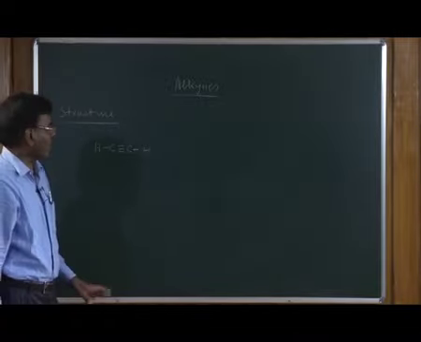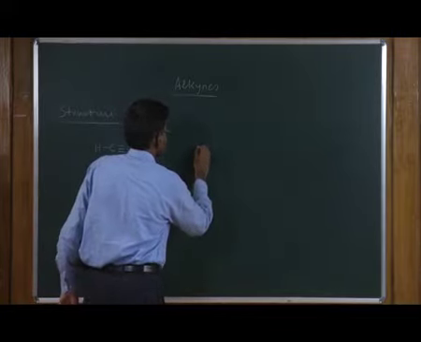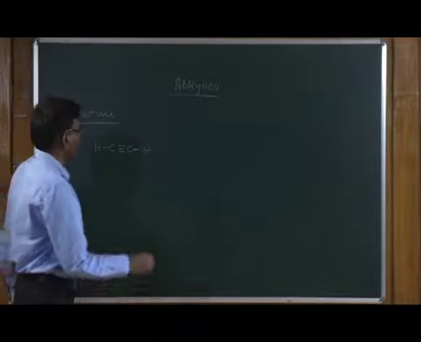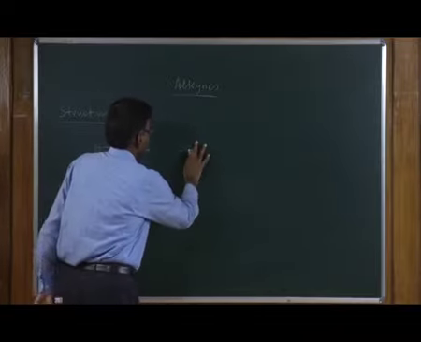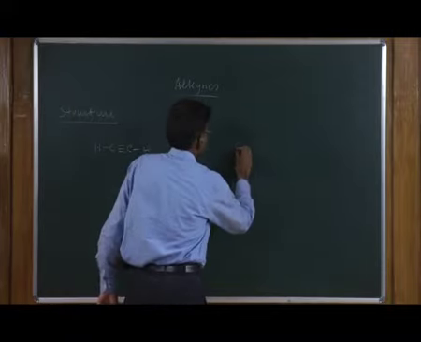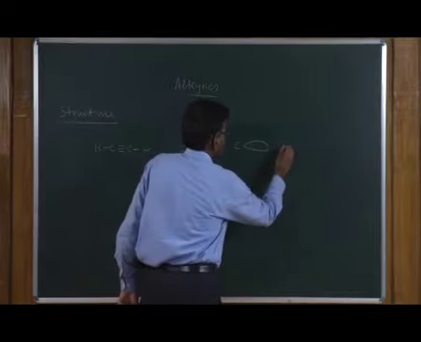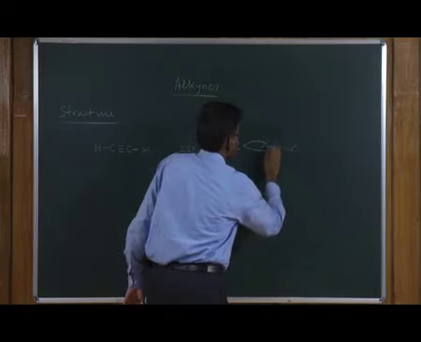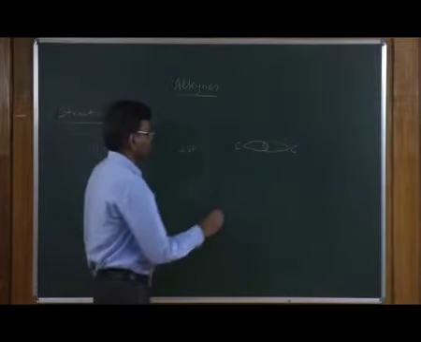If you look at the orbital structure of this molecule, each carbon has 2 sp hybridized orbitals, which are involved in bond formation. The overlapping of one sp orbital of this carbon with another sp hybridized orbital of the other carbon leads to the formation of the sigma bond.